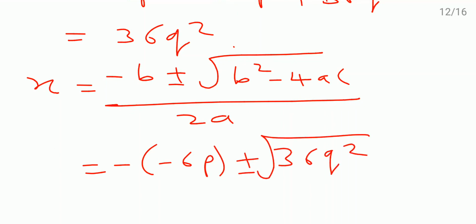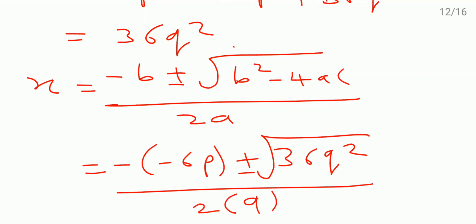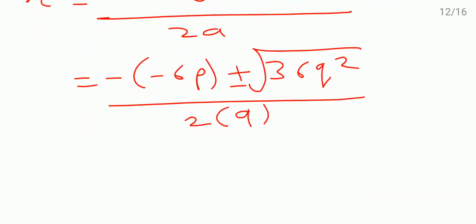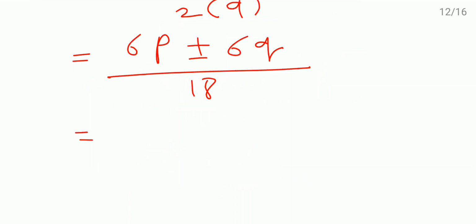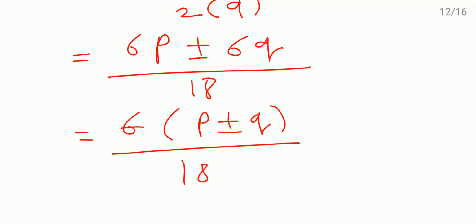36q square but under root, divided by 2, and the value of a is 9. So let us write it down. Minus minus plus 6p, plus and minus here, the square root will come as 6q divided by 18. We can take 6 common from the numerator, so it is 6 common in the bracket, p plus and minus q, divided by 18. 6 ones are 6 and 6 threes are 18.